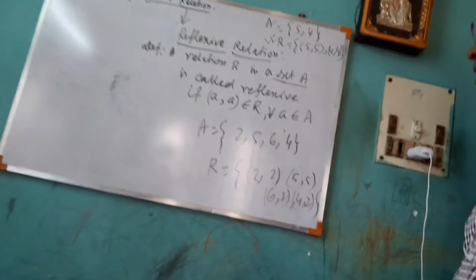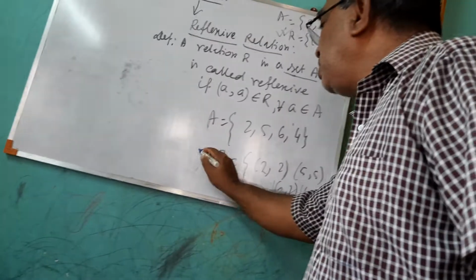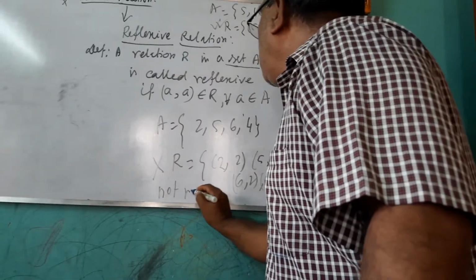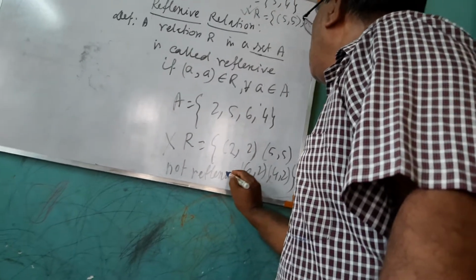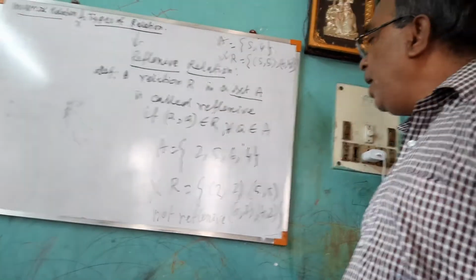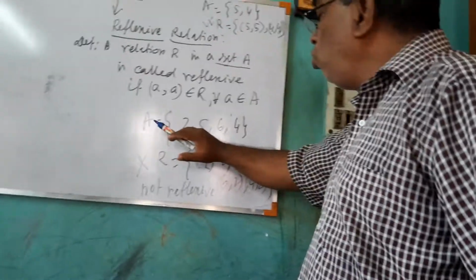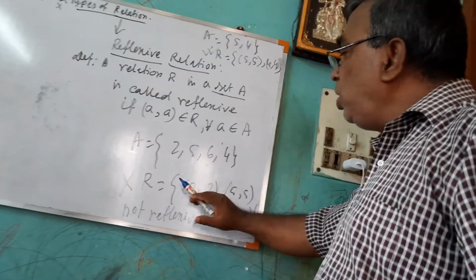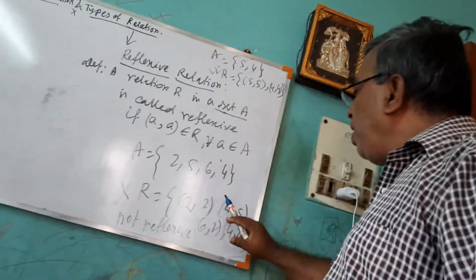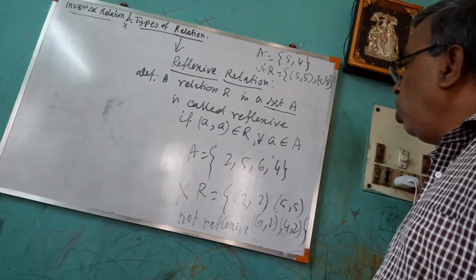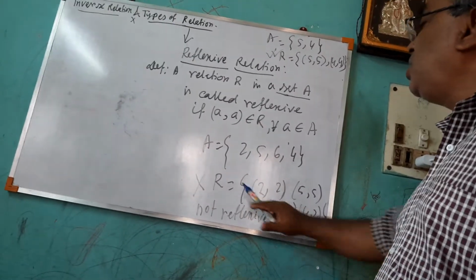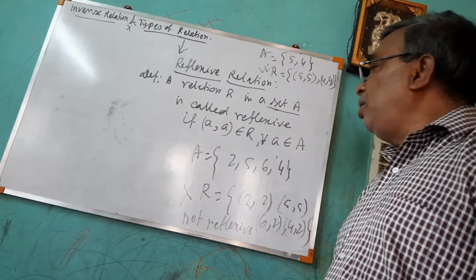Is this reflexive? No, this is not reflexive. Why not? Because in relation R, (2,2) is there and 2 is in A, no problem. 5 is in A and (5,5) is in R also. But 6 is in A, and (6,6) is not in R. So it is not reflexive.